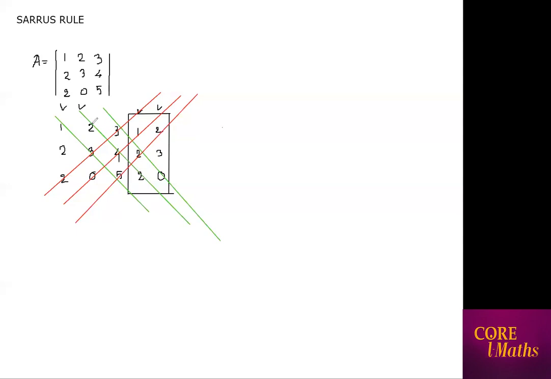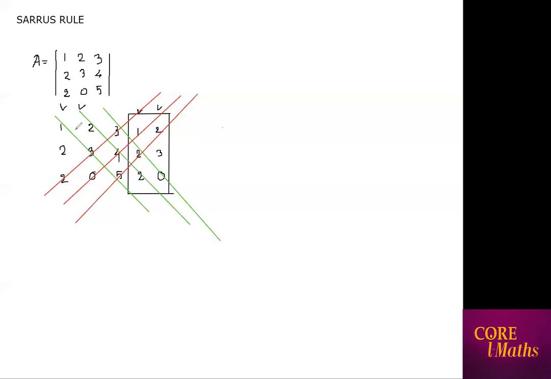Then identify the diagonals. In the green color I mentioned, you have to find the product of each diagonal. You'll get 3 diagonals on each side. This is the first diagonal, this is the second diagonal, this is the third diagonal if we go from left to right. And from right to left, you'll get these red colored diagonals.